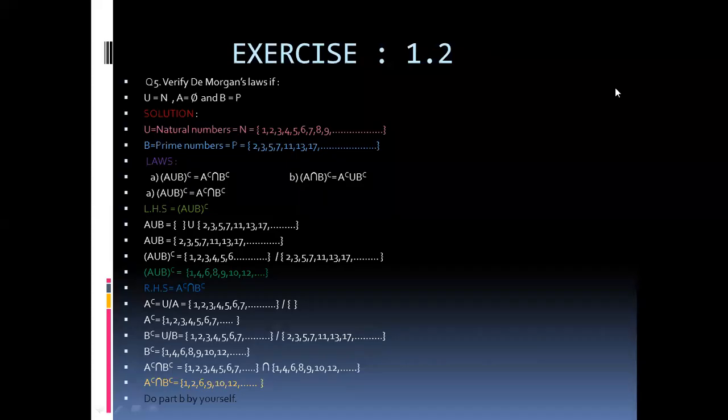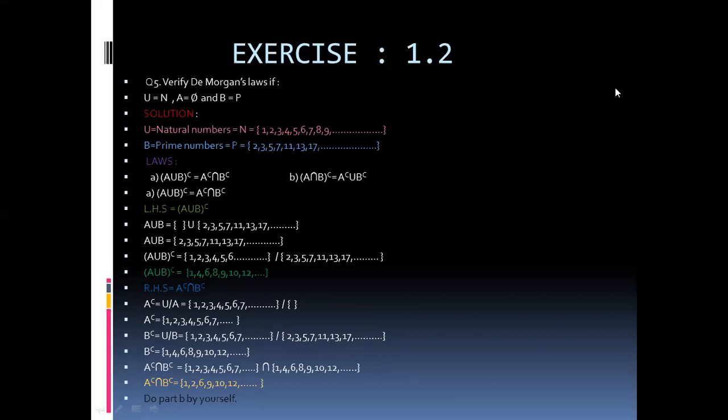Within the brackets, A union B. Union means we write all the elements of A and B. But A is null and the elements of B are 2, 3, 5, 7, 11, and so on. So A union B will be 2, 3, 5, 7, 11, 13, 17, and so on. Now is the turn of complement. I told you that complement means we take the difference of the universal set and the given set.